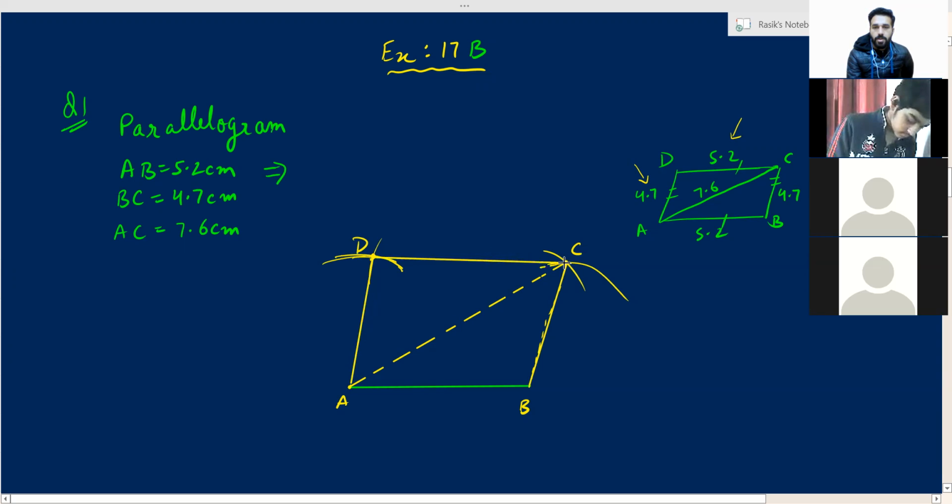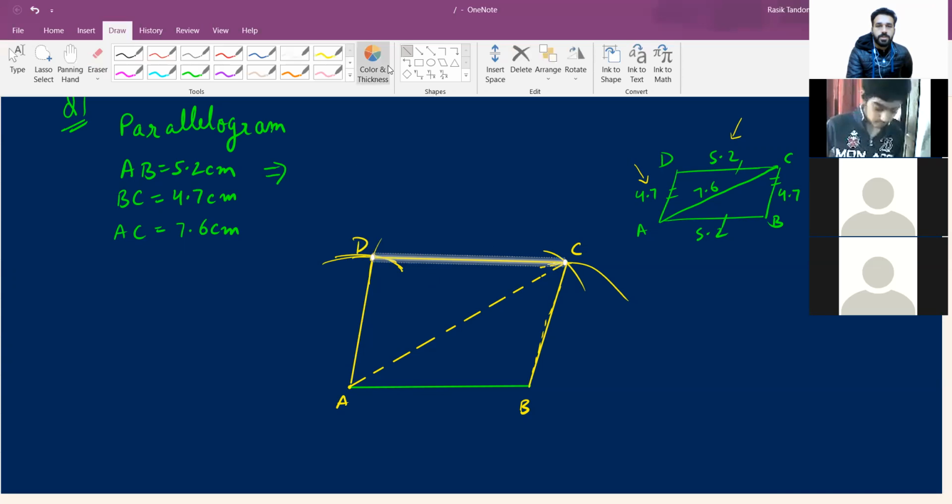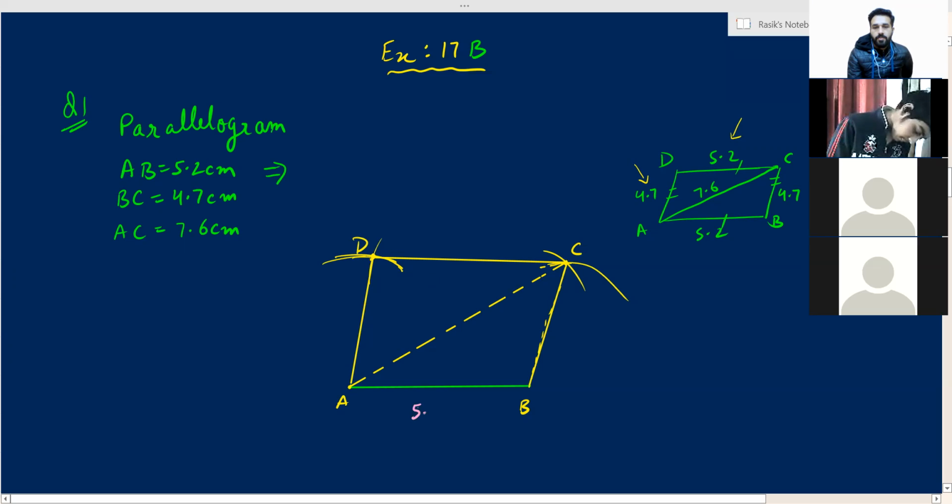My parallelogram may not look perfect, but if you draw it with correct measurements, your parallelogram will look perfect. So 5.2 centimeters, 4.7 centimeters. This is 7.6. This is again 5.2. Very good. Post your answer in the group.